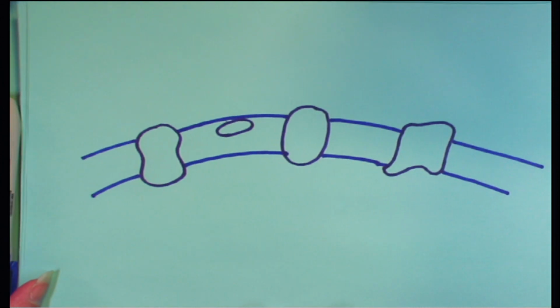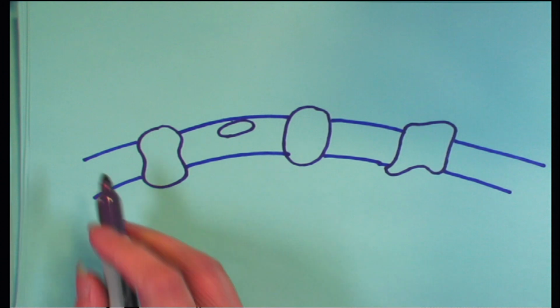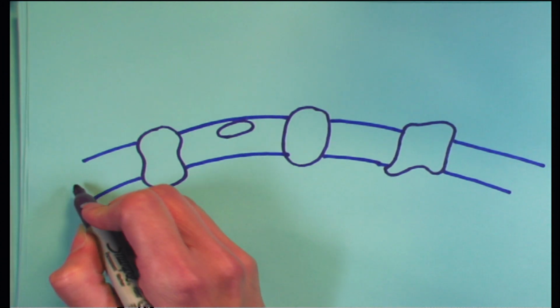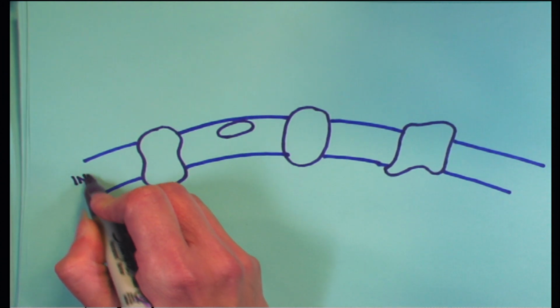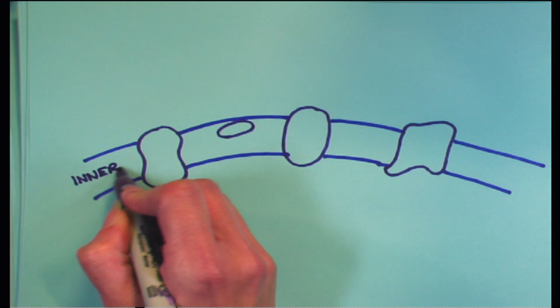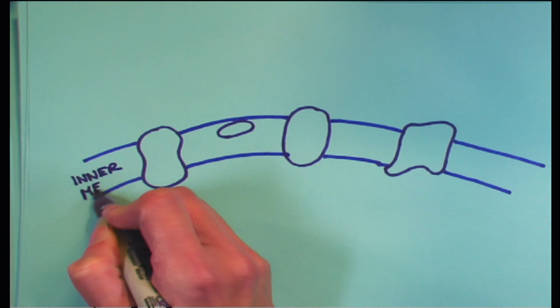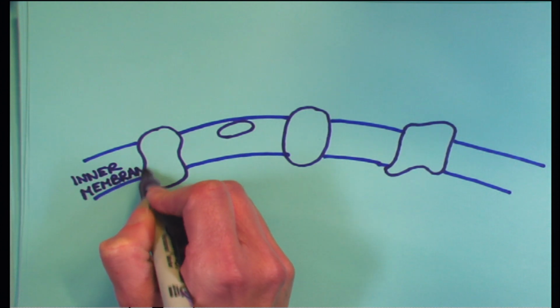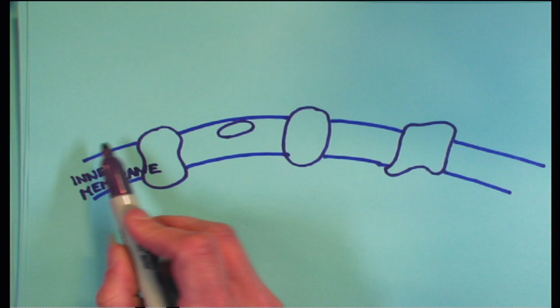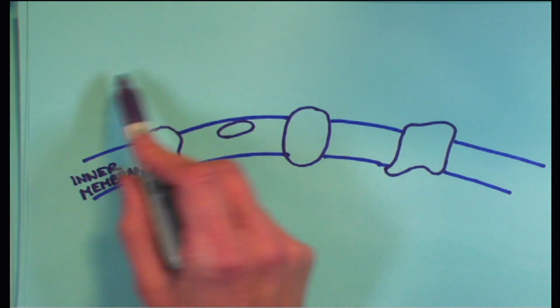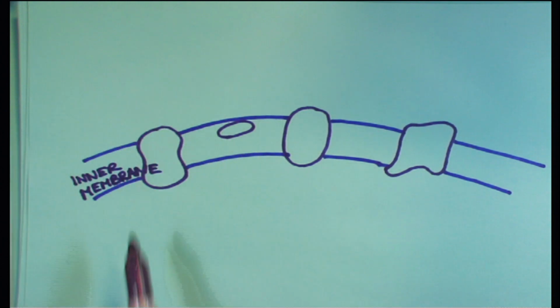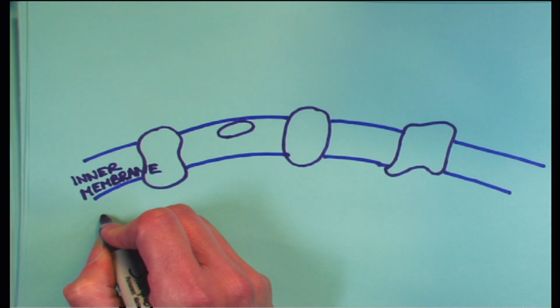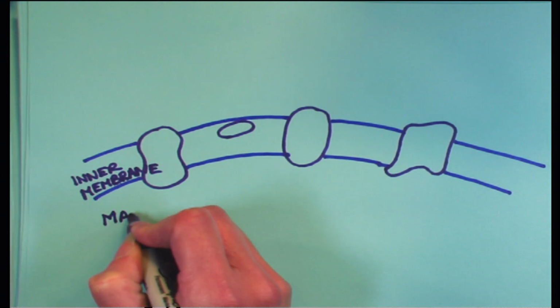Let's make sure that I label everything correctly. This membrane here is going to be the inner membrane. Up here, in this space here, this is going to be the intermembrane space, and down here, this is the mitochondrial matrix.